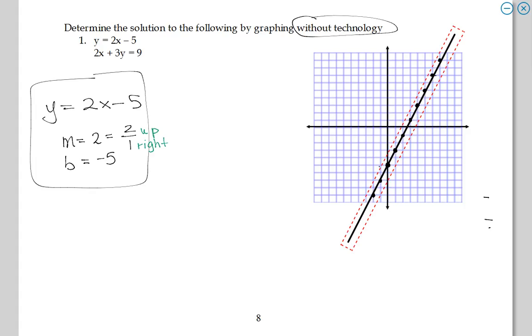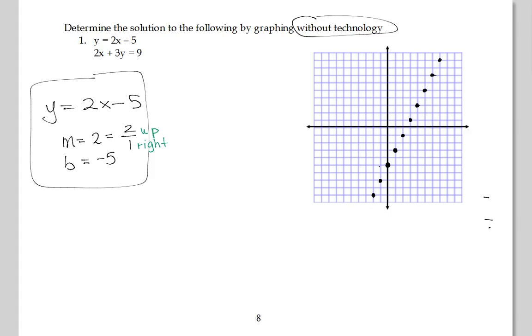I'm actually just going to ignore the lines because it kind of is ugly, but you should have a line in there with an arrow on both ends. Okay, so that's the first one.